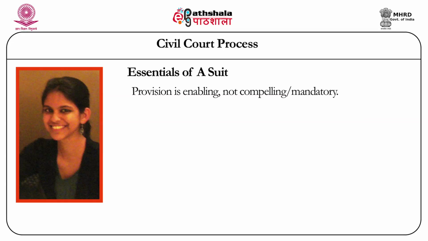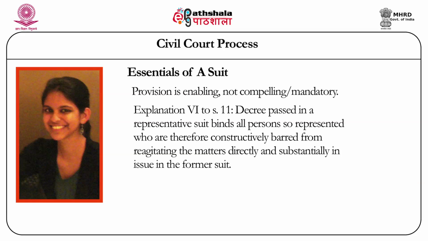This provision is an enabling provision and does not compel any person to represent a community of persons having the same interest if his action is otherwise maintainable without joining the rest in the suit. Explanation 6 to Section 11 embodies an aspect of constructive res judicata.